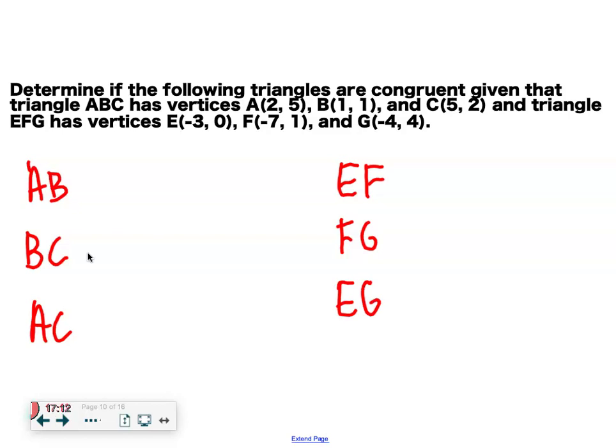This column, you guys find the distance of AB. This column, find the distance of BC. You guys, AC, EF, FG, and EG. Everyone take the time to do the distance formula for your respective ordered pairs, and then I'll put it on the board.